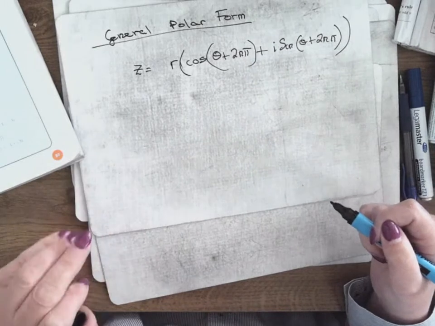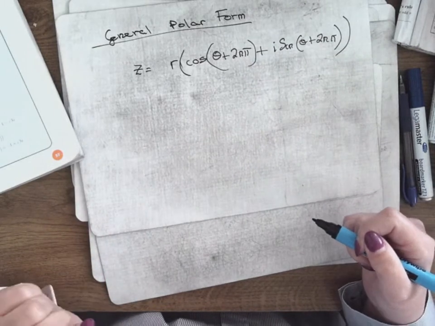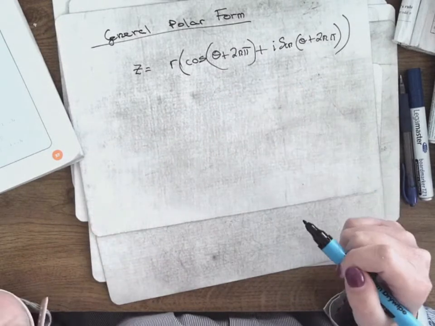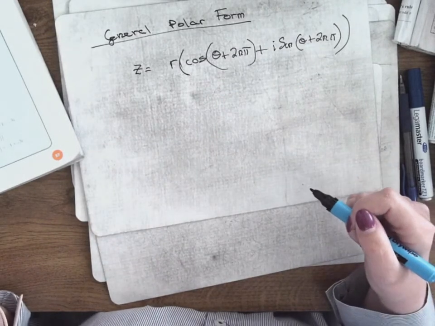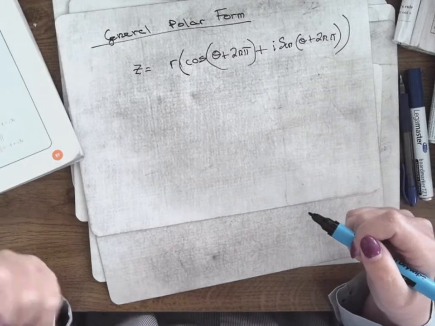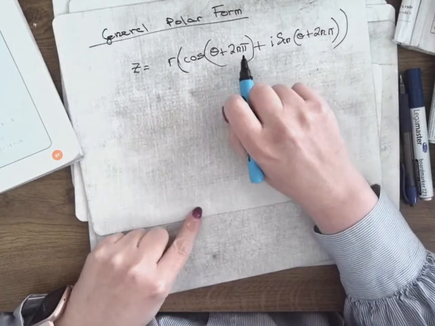I'll explain what 2n pi means in a minute. So 2 pi, what would 2 pi be? How much is 2 pi? 360. Remember I said pi was 180 degrees? So 2 pi is 360.